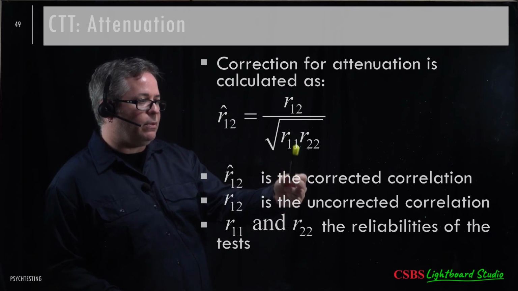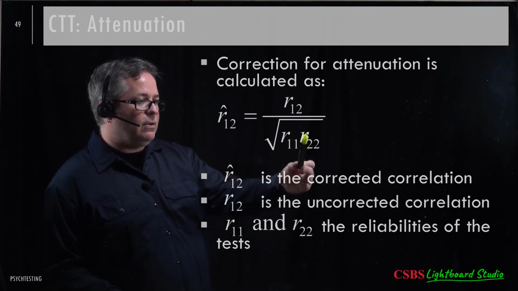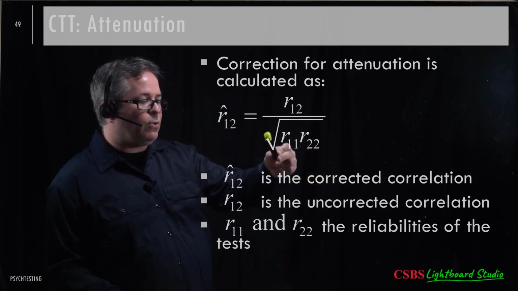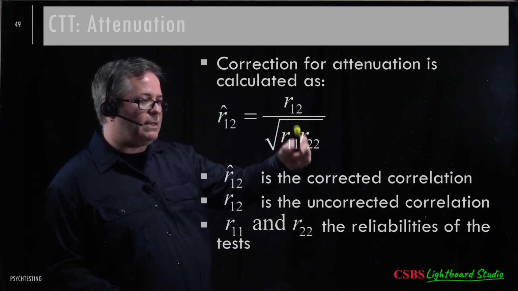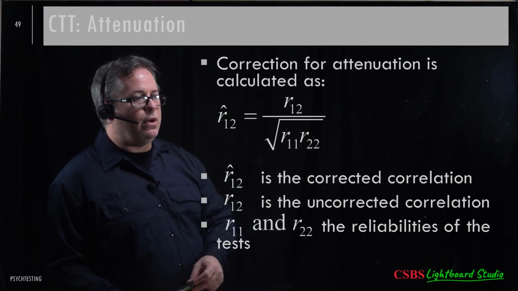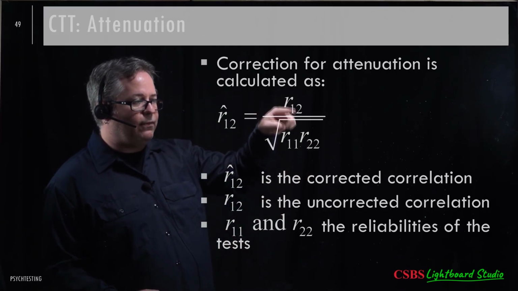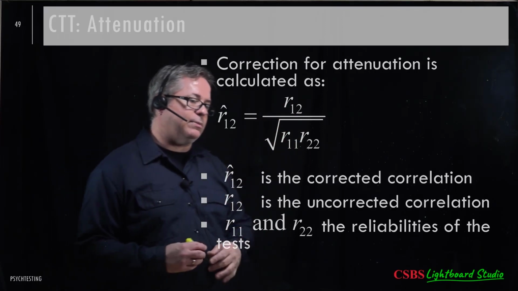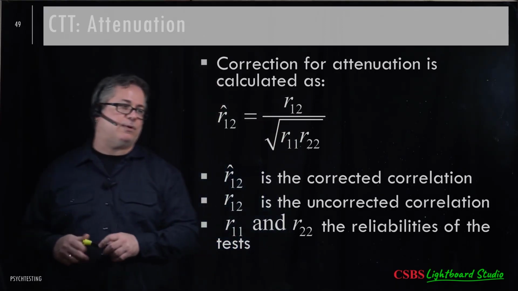So this is the reliability of the first variable and the reliability of the other, and you multiply them and take the square root. This on the bottom is going to be your maximum possible correlation between the two of them. I divide the actual correlation that I get over that. Seeing as this is going to be less than 1, this corrects for the fact that you're never going to get to a maximum of 1. It gives you a correlation corrected for attenuation.